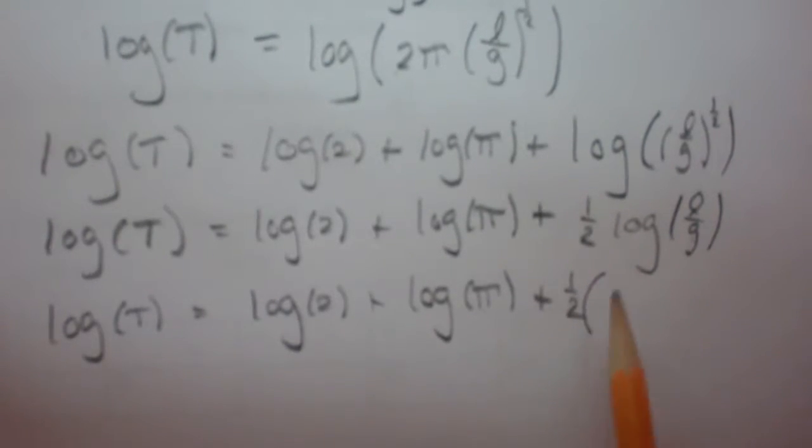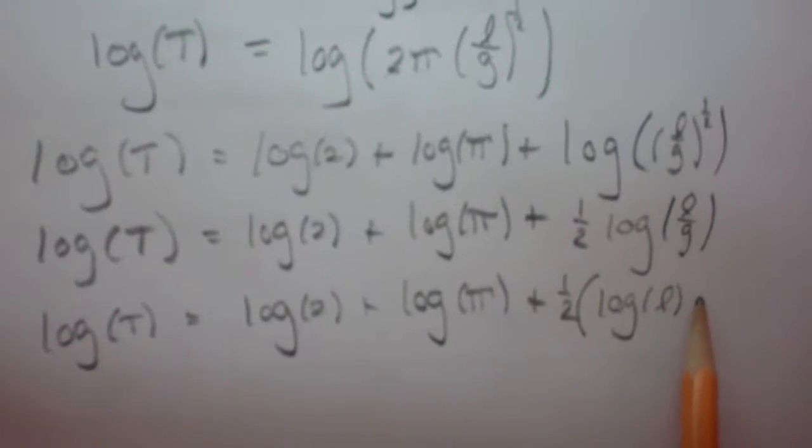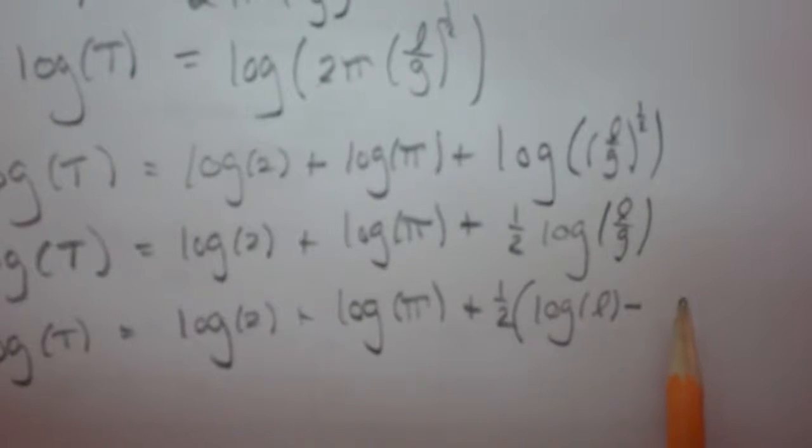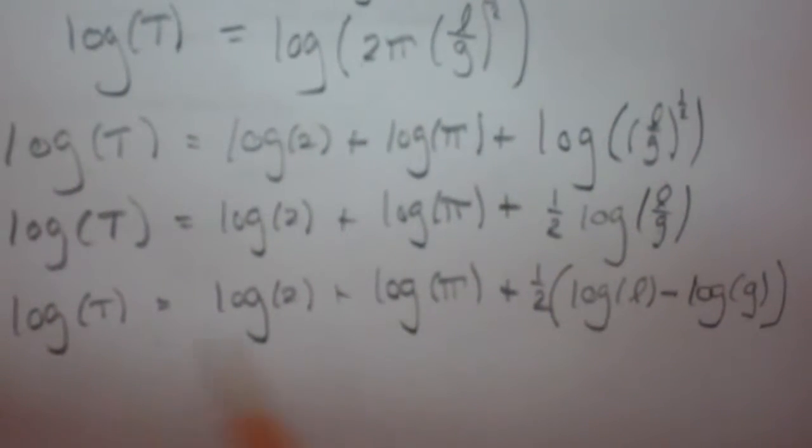So this is 1/2 times the log of L minus the log of g. And then I close this parentheses. You see how the 1/2 is going to multiply times both of them, just as the 1/2 is multiplying times the whole thing here. These are important parentheses. Don't forget to include them. This is looking pretty good now.